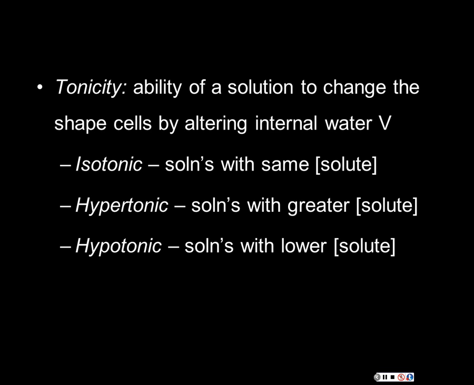If the outside of the cell is hypertonic, what impact does it have on a cell? It shrinks because water is moving out more than it's moving in. Changes the structure, changes the function. Right? It'll do that. Someone used the word dehydrate. Basically, hypertonic solutions dehydrate cells. It causes them to lose their water.